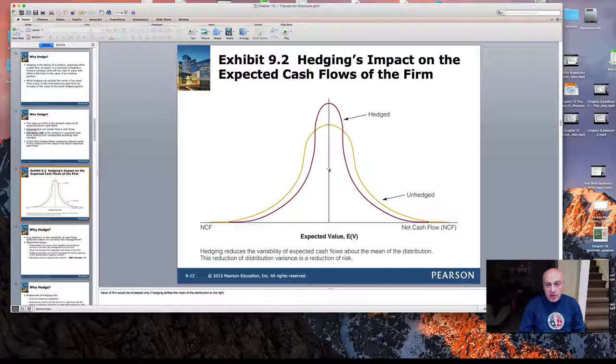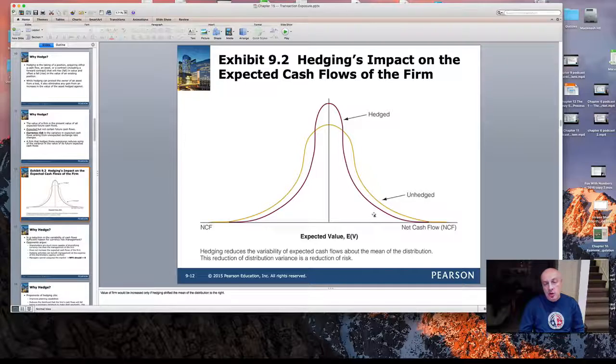If we were to map it out in the normal probability distribution, notice how the unhedged position, which is in yellow, has much fatter tails. So that means that the risk of loss could be much greater. The hedged position has a much tighter probability distribution, so its tails aren't as fat as the unhedged position.